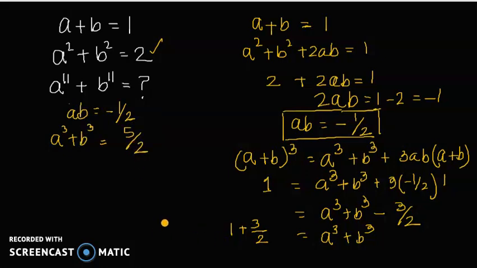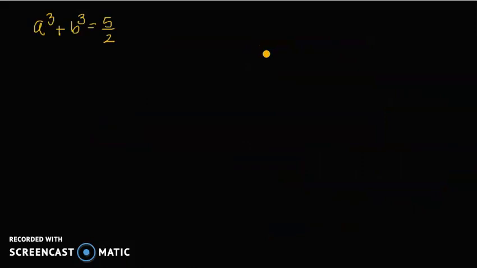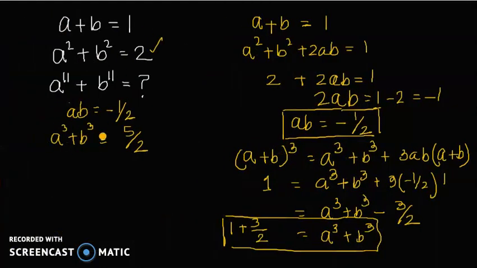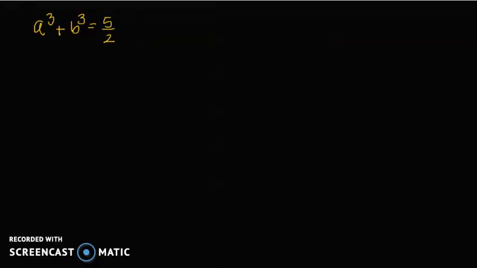I hope everything is clear so far. This is 5 by 2. In the previous slide, we got the value of a cube plus b cube equals 5 by 2, as you can see here. So now we will square it. So a cube plus b cube whole square will be 5 by 2 whole square, that is 25 by 4.